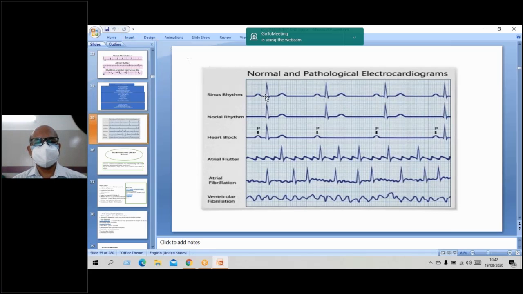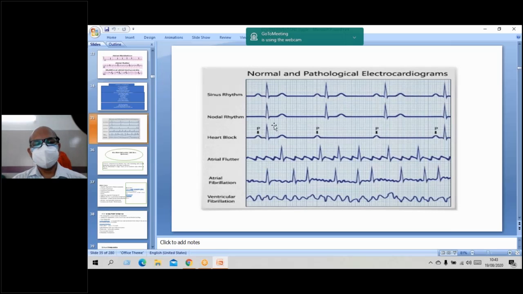This is normal sinus rhythm, with the P wave, QRS complex, ST segment, and RR interval. This is nodal rhythm, because there is no P wave. Most likely the rhythm arises from the AV node, not the SA node.